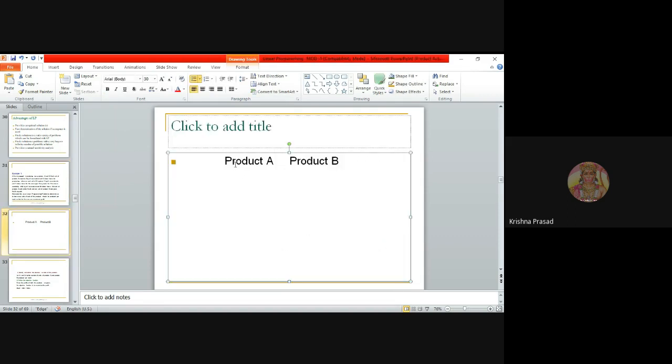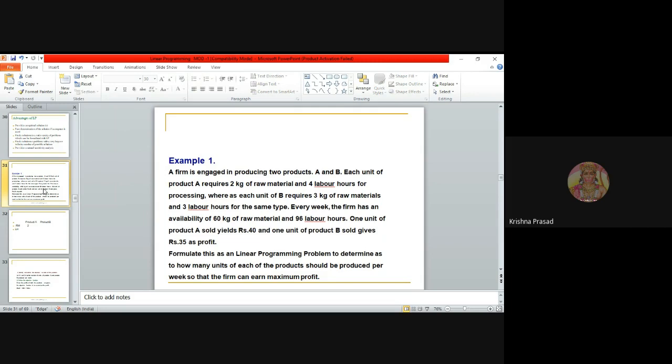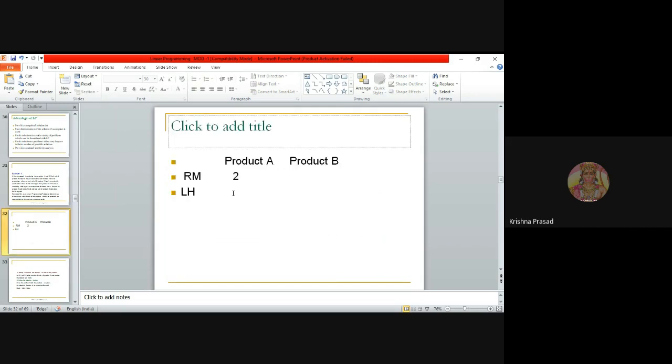So for producing product A, we want raw material and labor hours. How many kgs of raw material? 2 kgs. How many labor hours? Four, for a single product. Is it right?